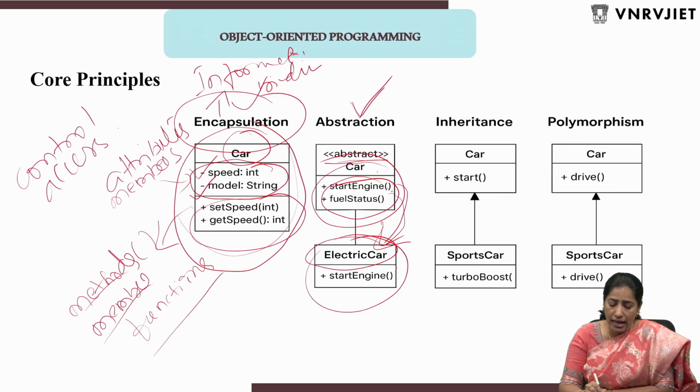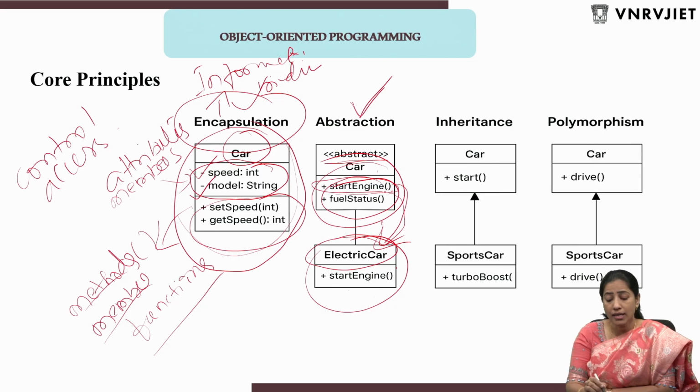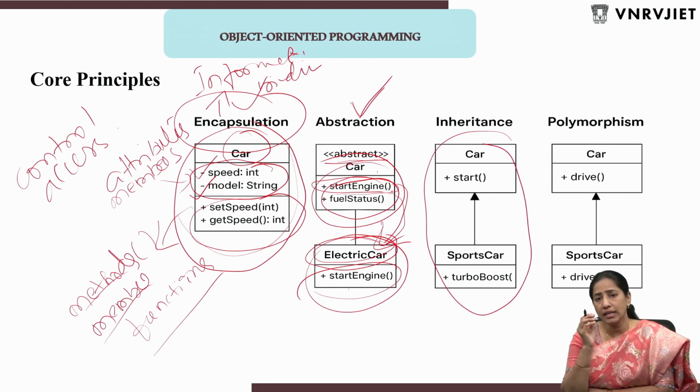The derived classes of this parent class can, if you see here, start engine is whose method? Start engine is the car class method. But the electric car is also having start engine, same name. That means it used its parent properties. That is inheritance. In inheritance, it is not only that it will access the properties of the parent class. It can have its own methods also.